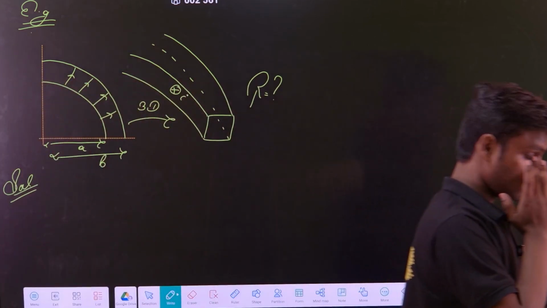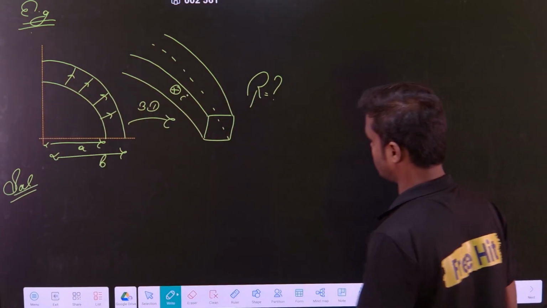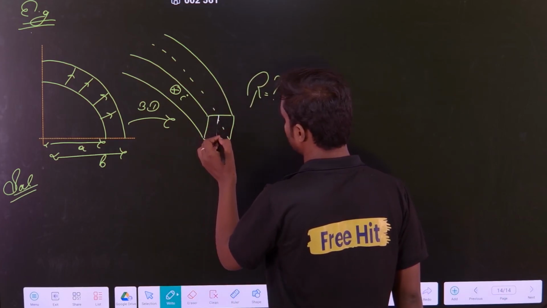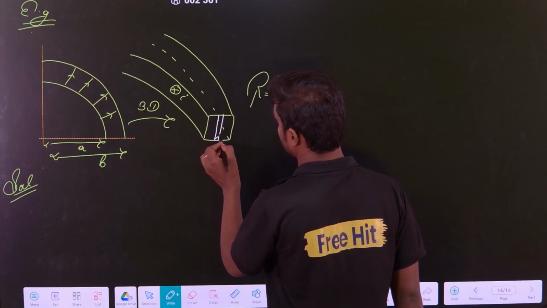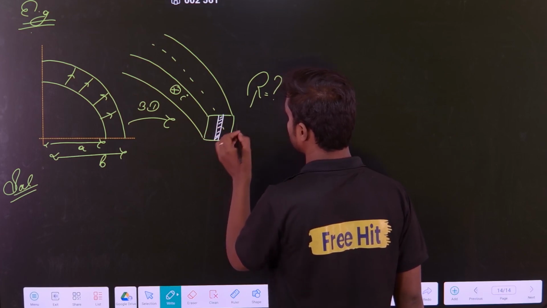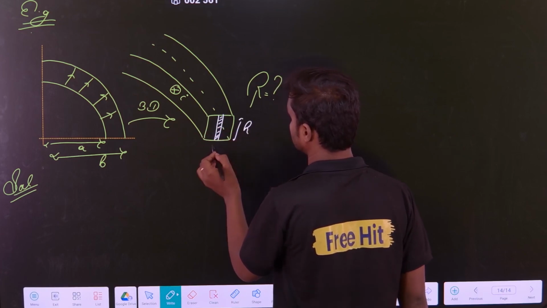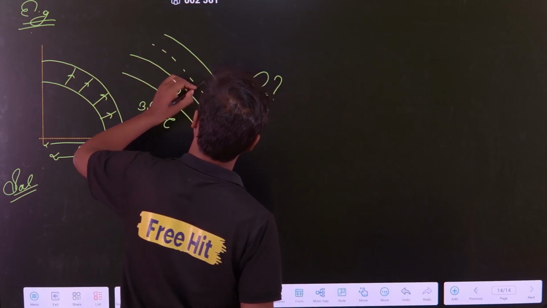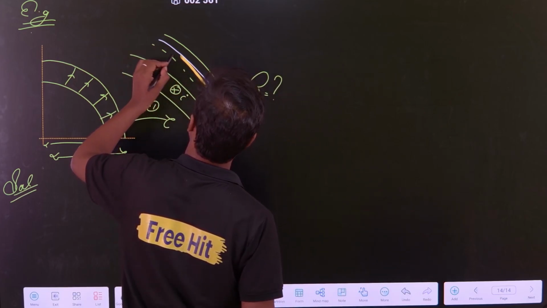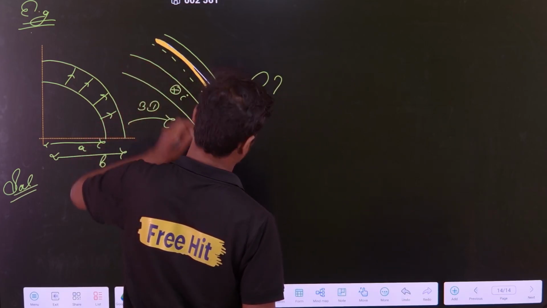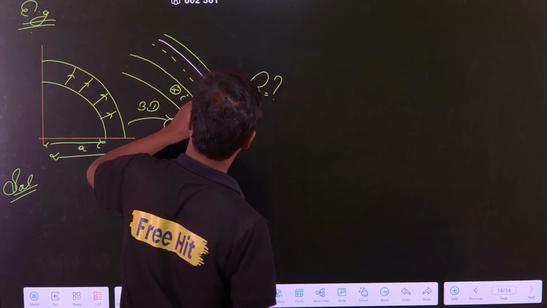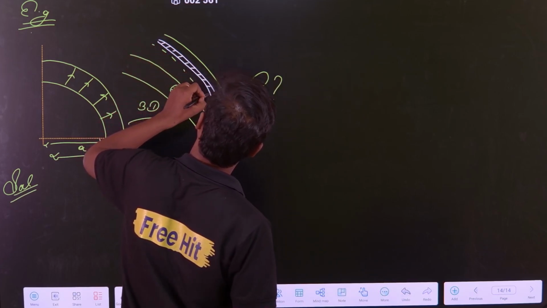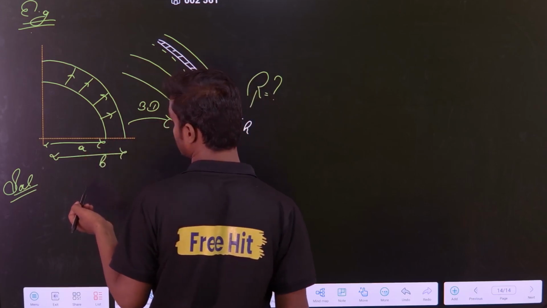Okay, so now take a small strip like this, as we have taken. This height is obviously h, as given. This distance is dx. This is my small strip, correct?